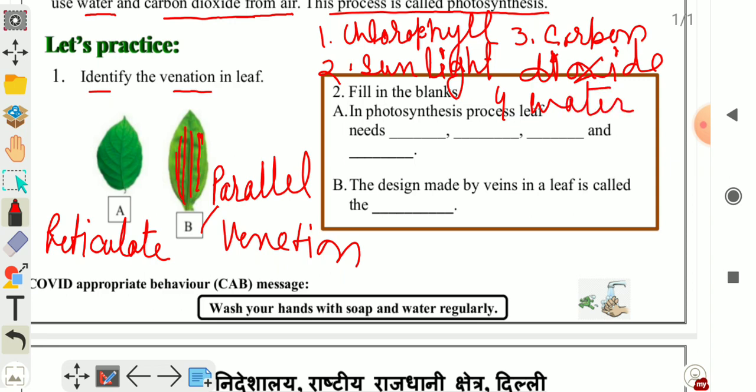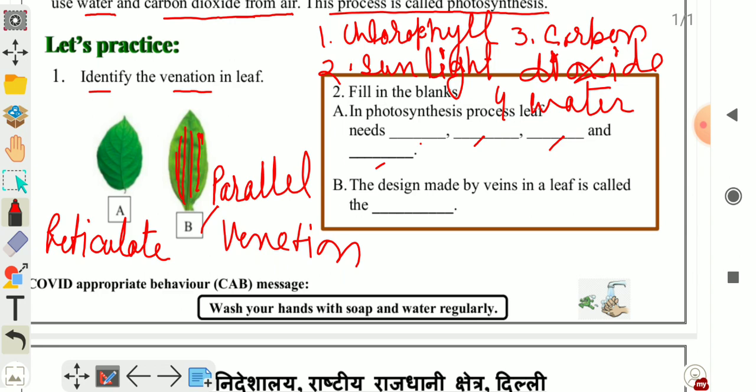So in the photosynthesis process, the leaf needs chlorophyll, sunlight, carbon dioxide and water. By using these things, green leaves of the plant prepare their food, and this process is known as photosynthesis.